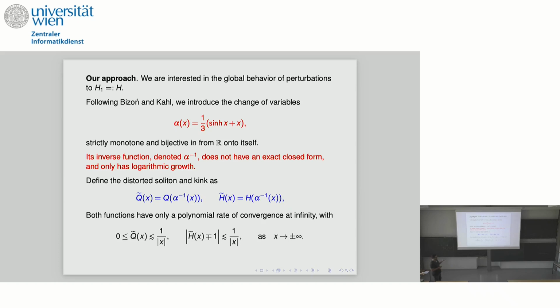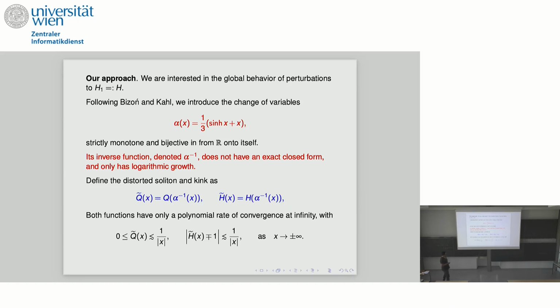Recall that Q is exponentially decreasing, and H is exponentially converging to 1 or minus 1 at infinity. But when you compose with this alpha minus 1, what you get is only 1 over x decay for Q tilde and 1 over x decay for H tilde plus or minus 1.